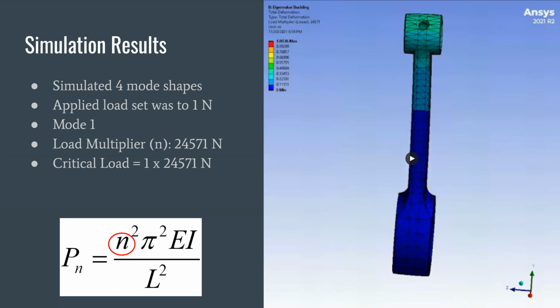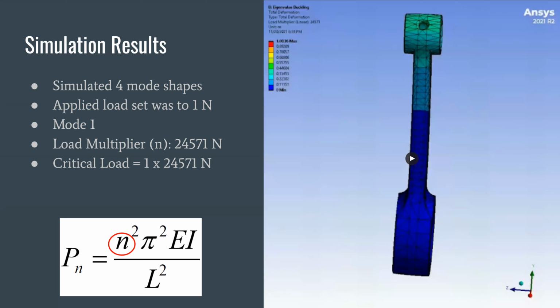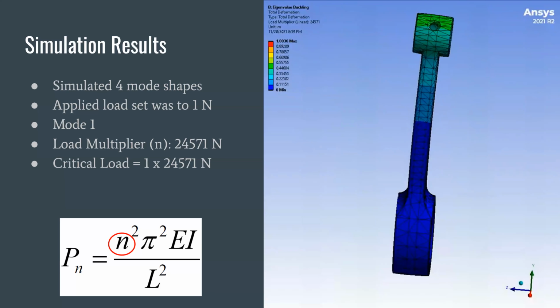For mode 1, we find the load multiplier is about 24,571, and it caused the buckling, as we can see in the graphical video representation, where the only deformation taking place is on the small pinhole.